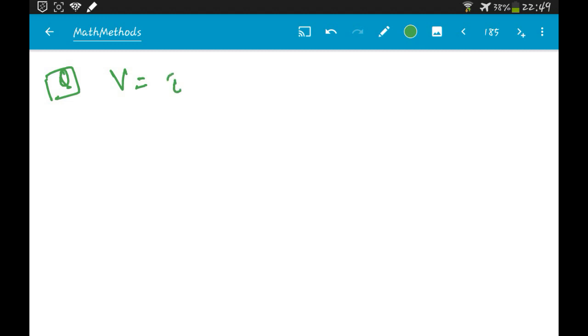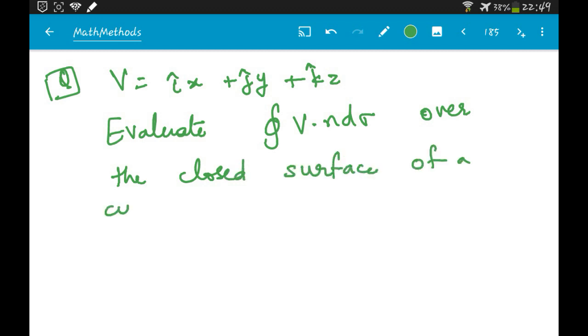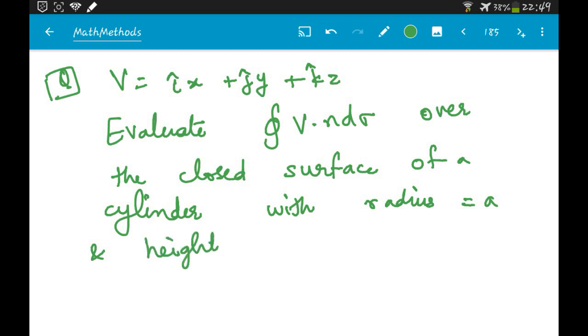So V is given by Ix plus Jy plus Kz, and evaluate the integral of V dot n d sigma over the closed surface of a cylinder with the radius equal to a and height equal to h.